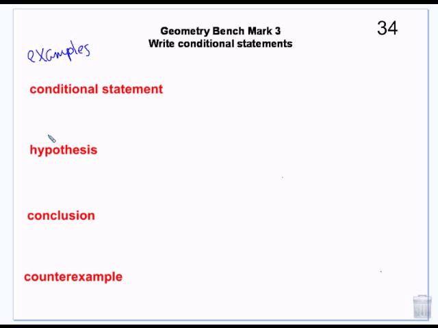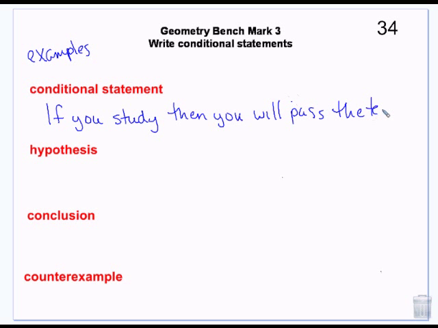All right, so if I make a conditional statement, if you study, then you will pass the test. This is my conditional statement. If, then. If you study, then you will pass the test.